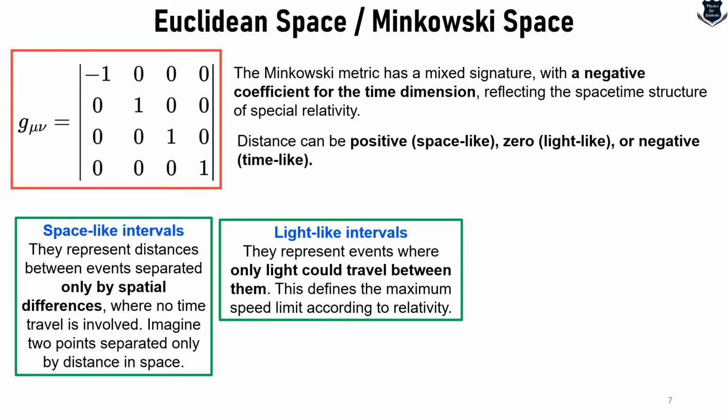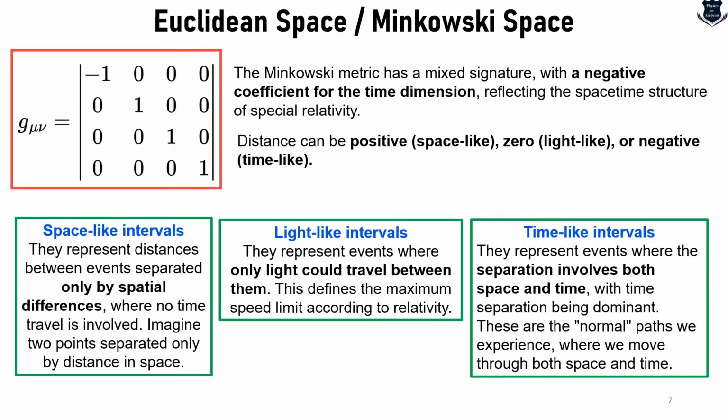I mean to say, it defines the maximum speed limit according to special relativity, and you cannot really exceed the speed of light. That was actually hypothesized with tachyons, which are considered a hypothetical particle which might travel faster than the speed of light. But anyway, that is a different part of the story that remains within the pages of the theoretical physicist.